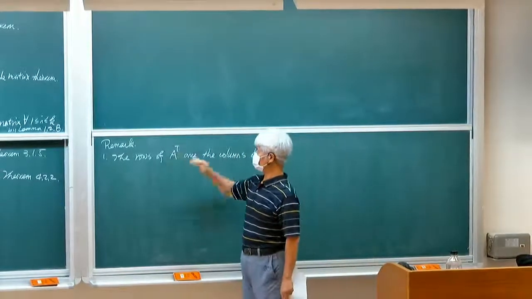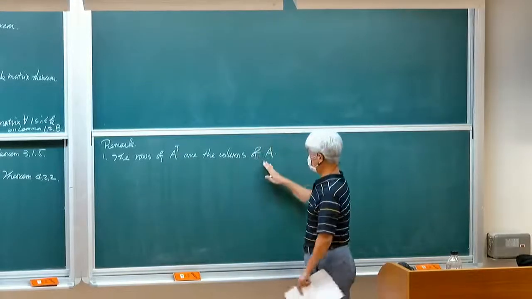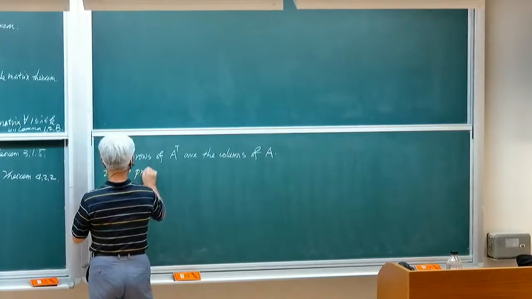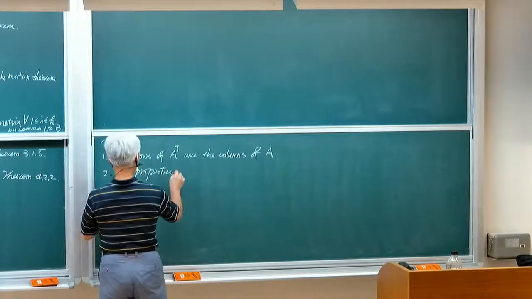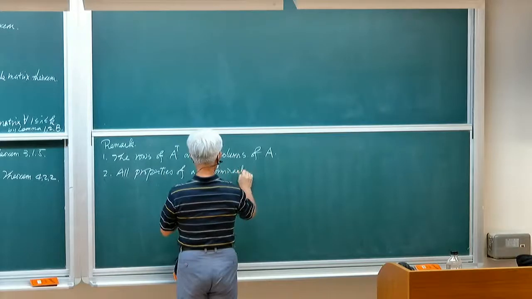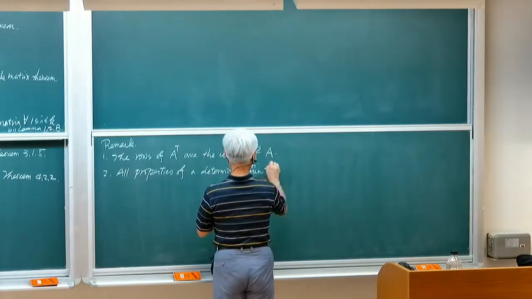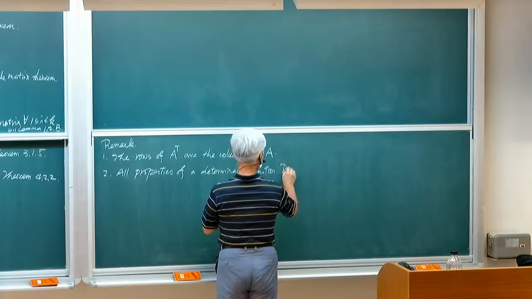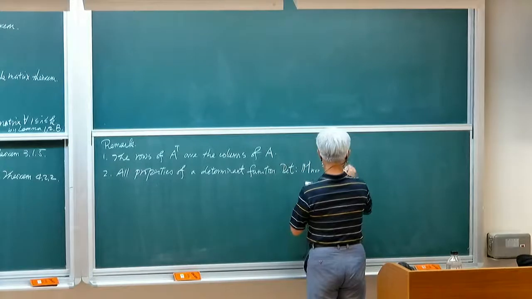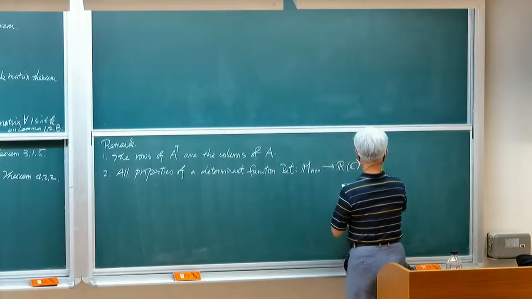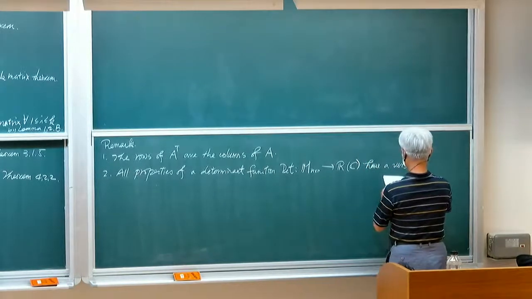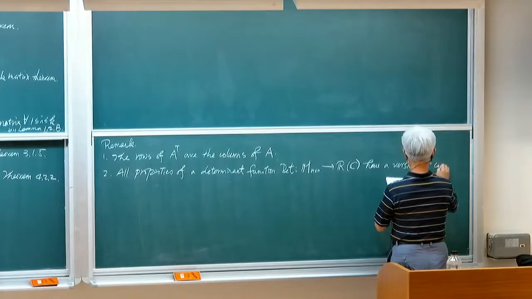So the rows of the transpose of A are just the columns of A, so that all properties of a determinant function, going from matrices to R or C, have a version for columns.